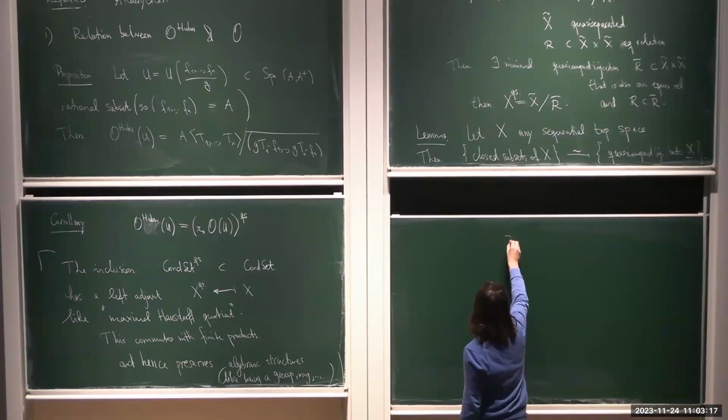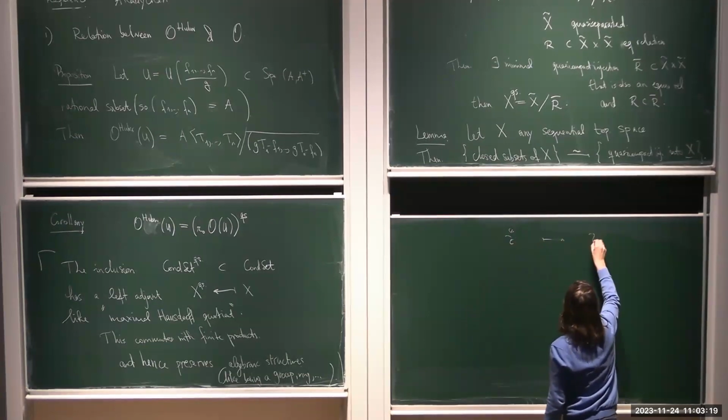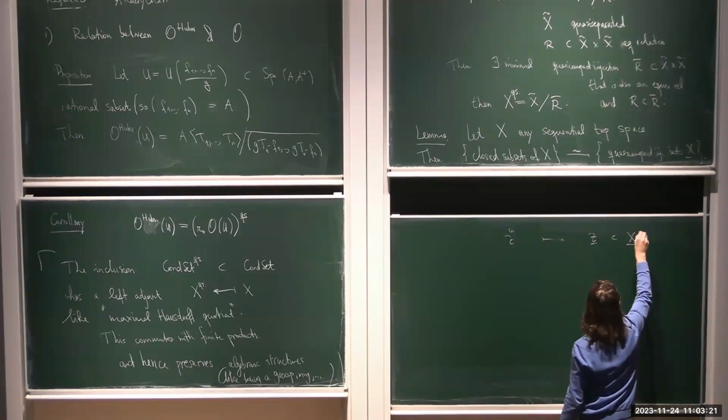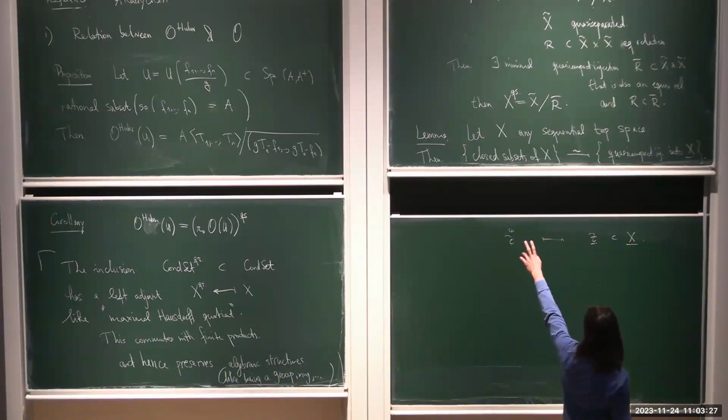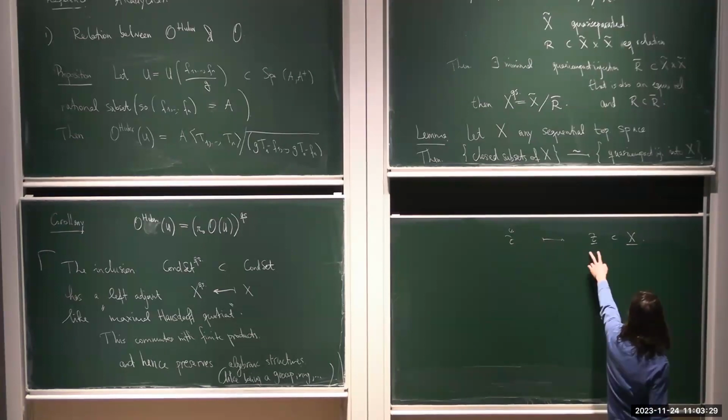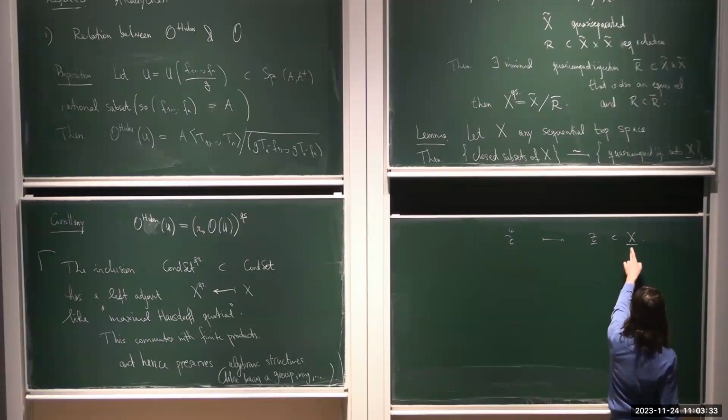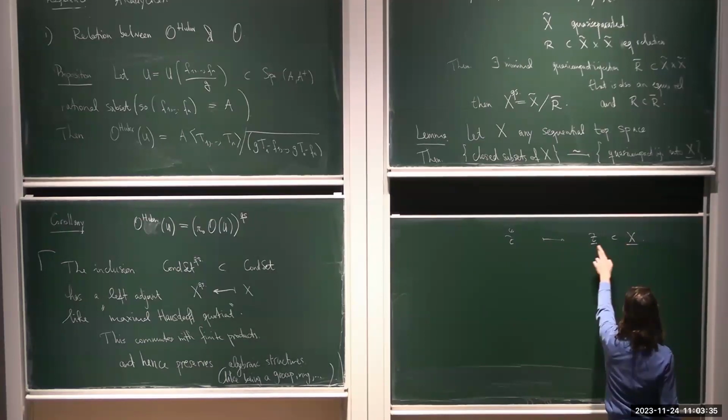So for example, why, if you start with a closed subset here, is it actually a quasi-compact injection? Well, to check that, the definition is that whenever you pull back to some profinite set, the pre-image is a quasi-compact injection.